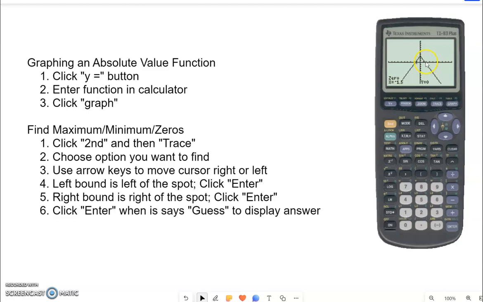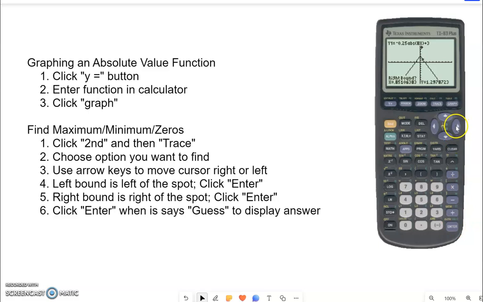But what about this other side? Here I would do the same thing by hitting second, trace, trying to find the zero, number 2. Now I have to go to the left bound, which means the left-hand side, so it identifies which x-intercept we're looking at. So left bound means it's above the x-axis because it's left of this spot right here.